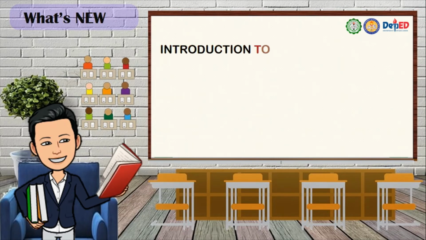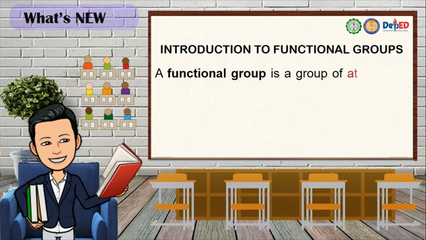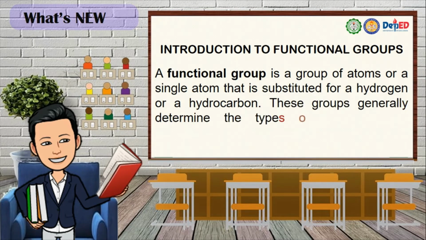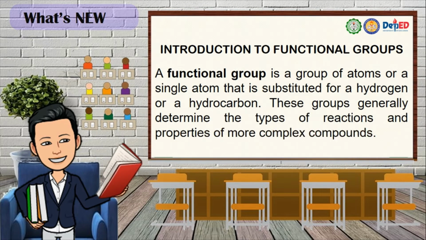What's new? Introduction to the functional groups. A functional group is a group of atoms or a single atom that is substituted for a hydrogen or a hydrocarbon. These groups generally determine the types of reactions and properties of more complex compounds.